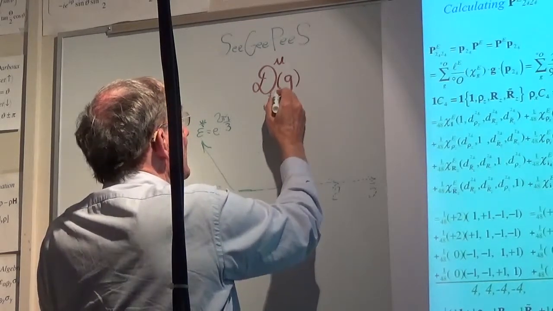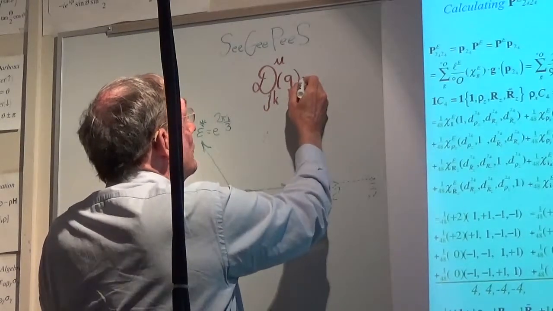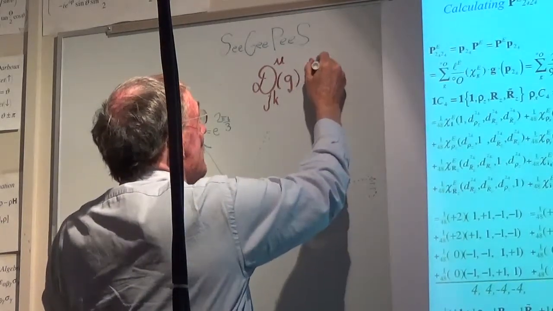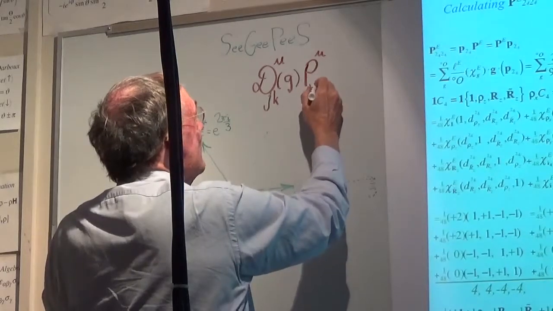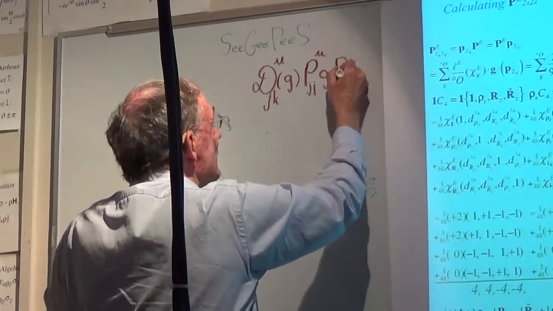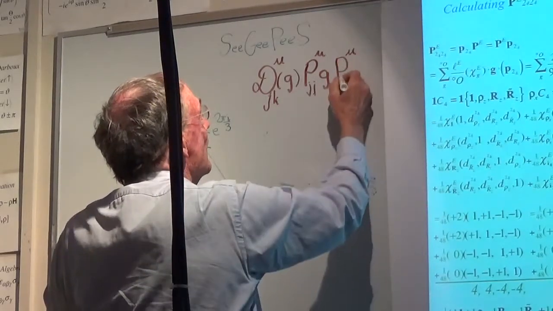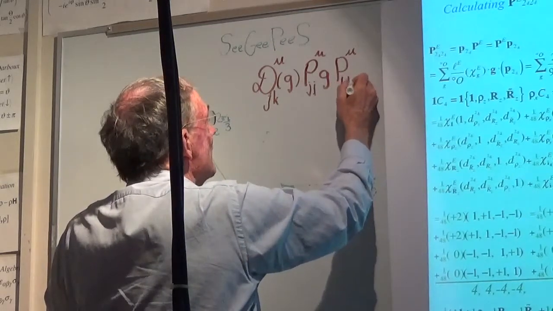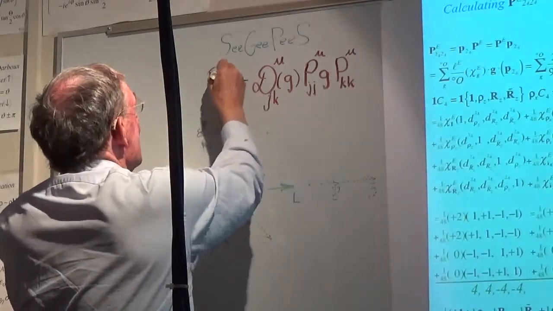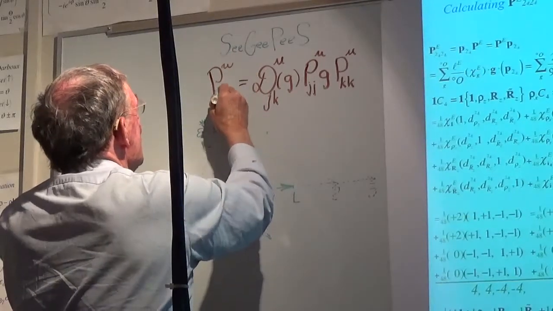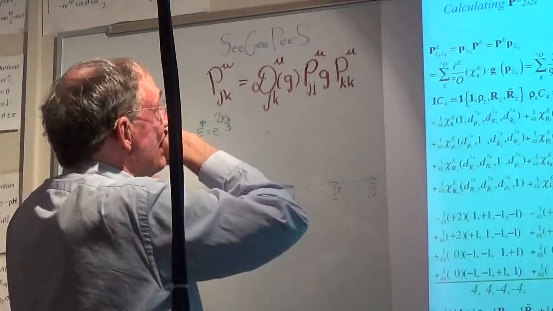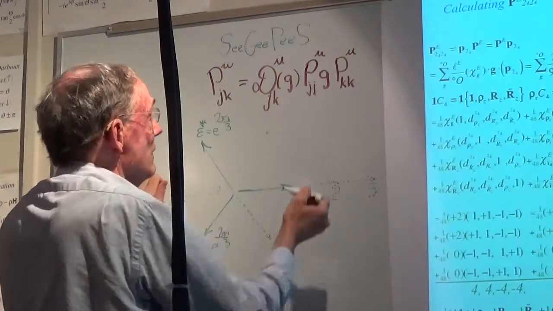Let's just say J and K. That's going to be the coefficient of the projection operator P mu J J operating on G P mu K. So if I put this together, I get a projection operator P J K. That's probably the simplest way to say what is the transformation property of this.